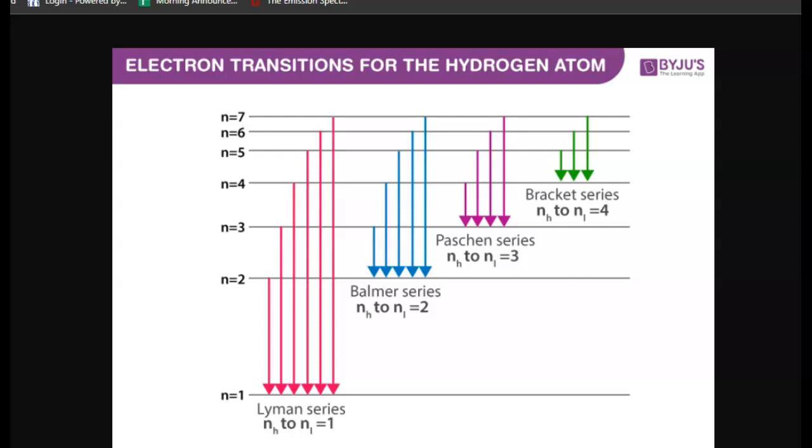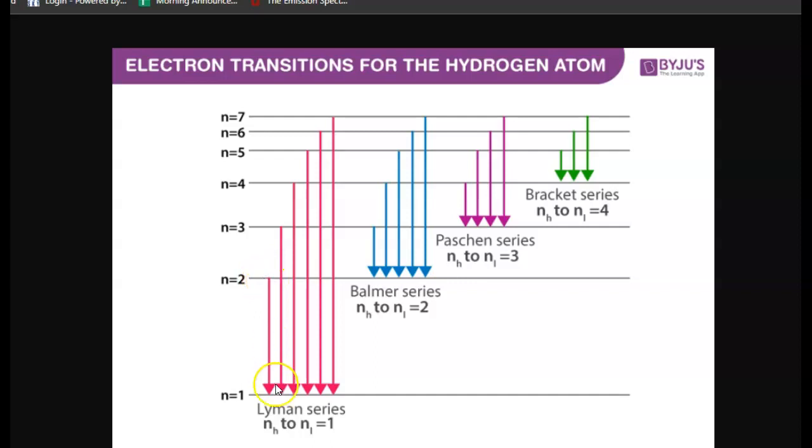Each of these is representing different energy levels that the hydrogen atom can be in. And I give off specific frequencies of light for each time the electron can fall.